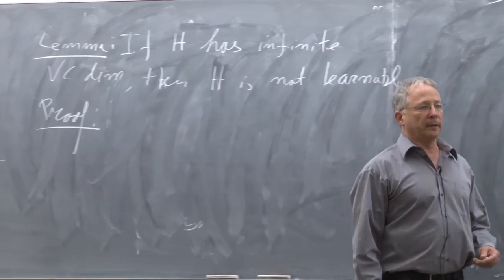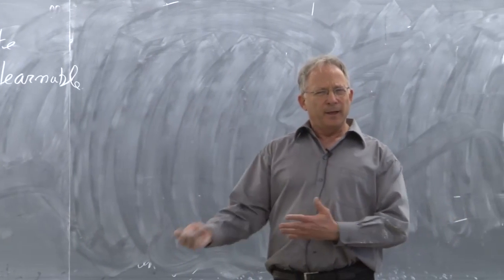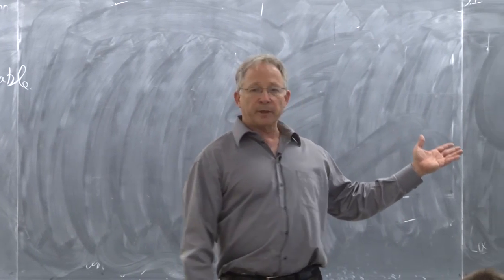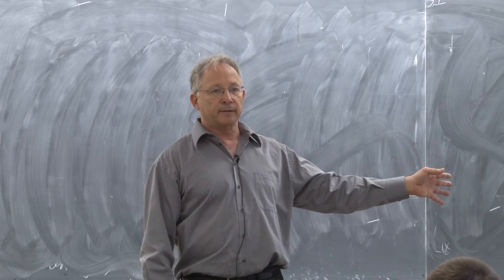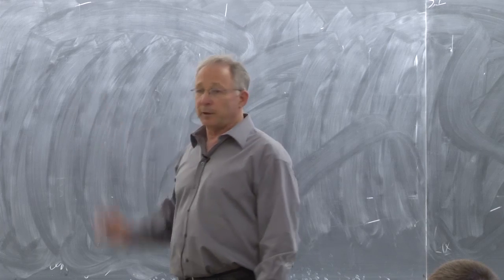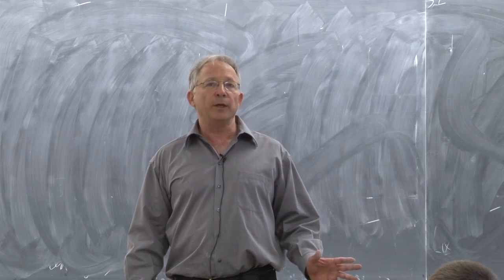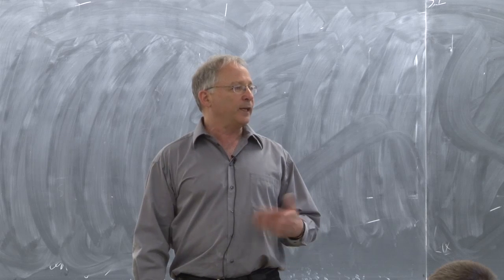Now, in order to connect it to the no-free lunch theorem, the no-free lunch theorem talked about the class of all functions over some X. And here we don't talk about all functions. We just talk about a fixed H, and all we know about it is its VC dimension. But those things are related.